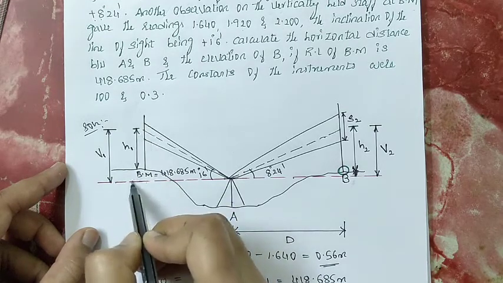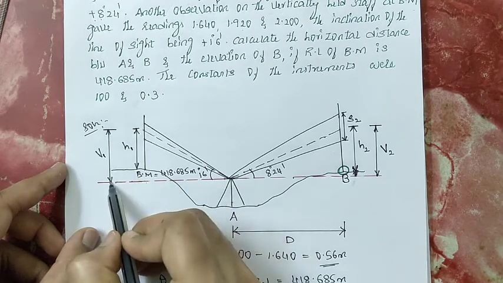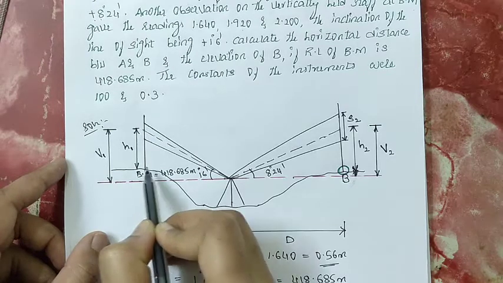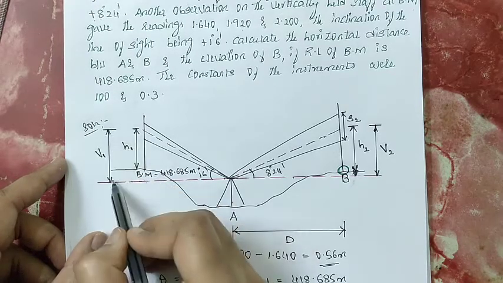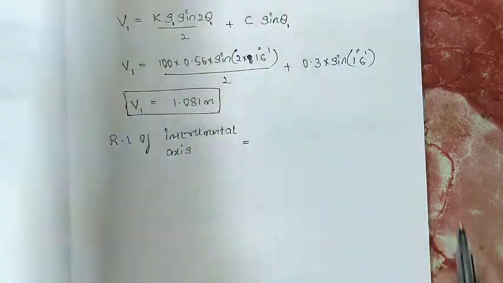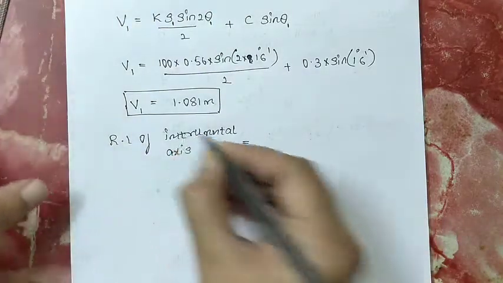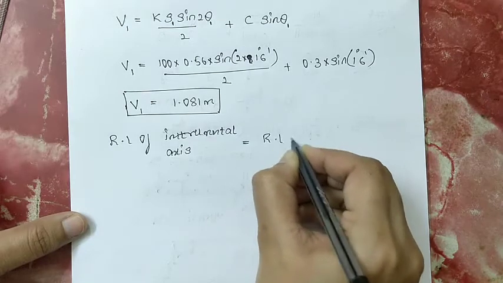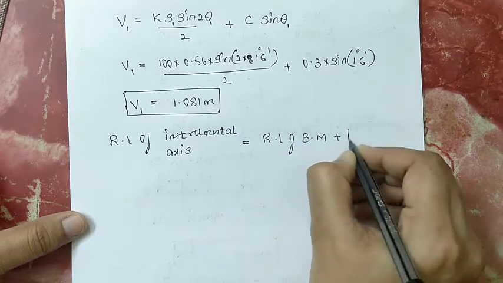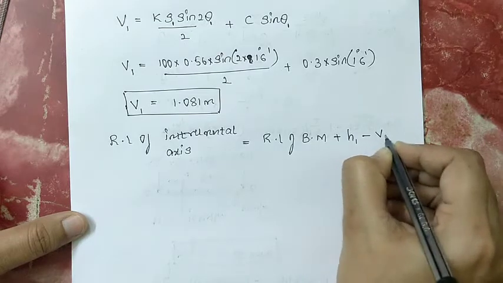I want the RL of the line of sight, so minus the vertical component, V1. That is RL of benchmark plus H1 minus V1. Then you will get the RL of the line of sight, that is the RL of instrumental axis.